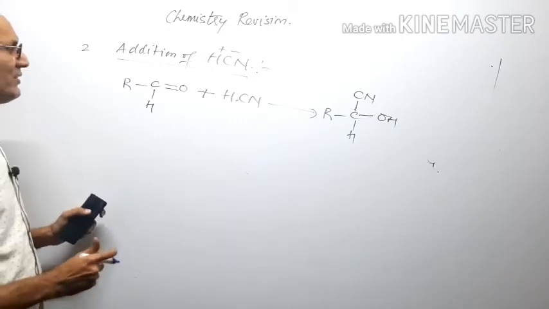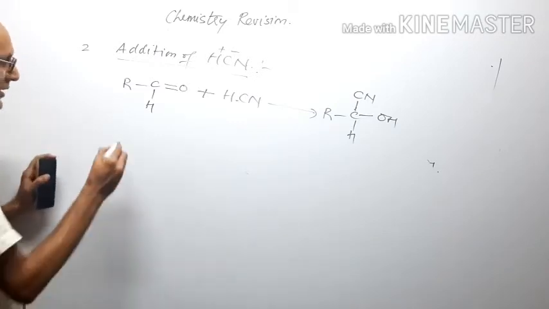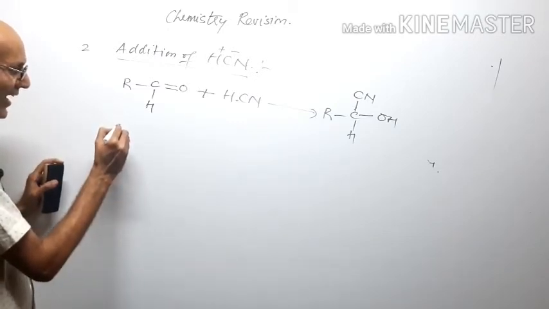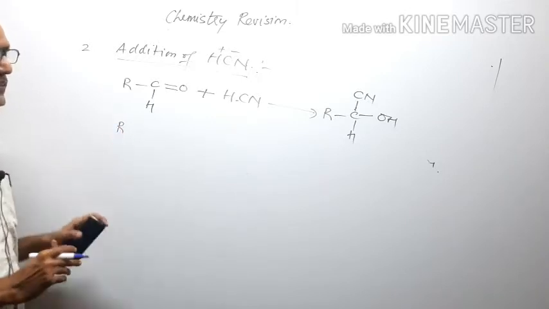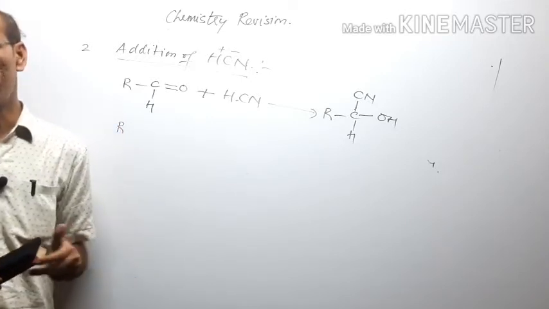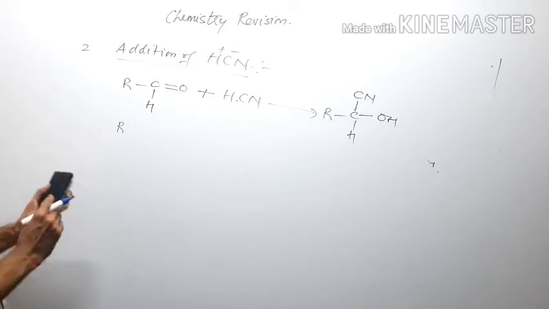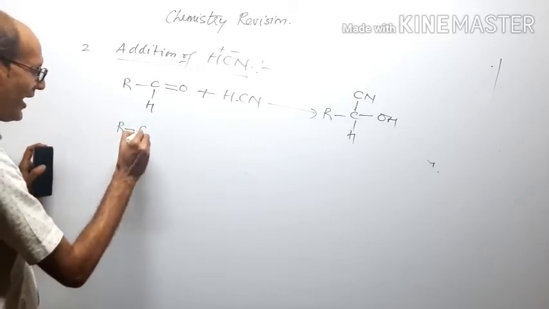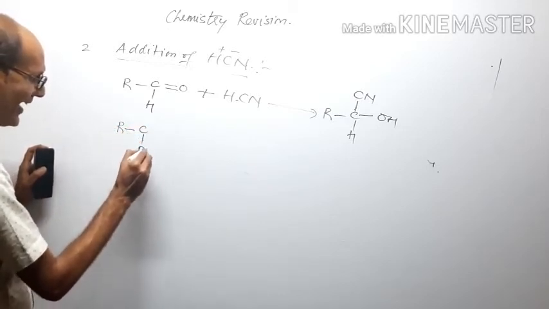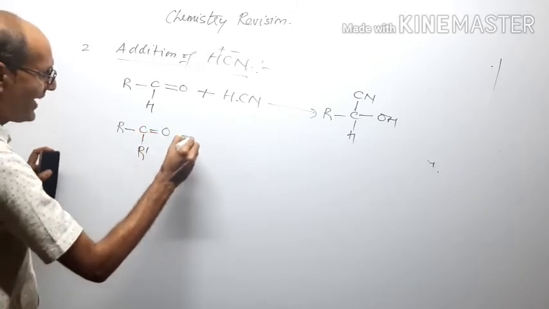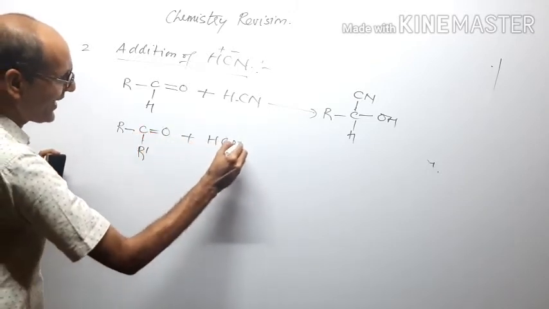Similarly, we can write the reaction for the ketone. I am writing the unsymmetrical ketone. What is the meaning of the unsymmetrical ketone? If different alkyl groups are attached, R single bond C, single bond R dash, double bond O, and hydrogen cyanide will attack here.